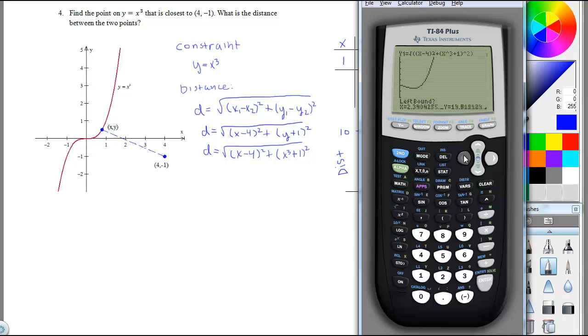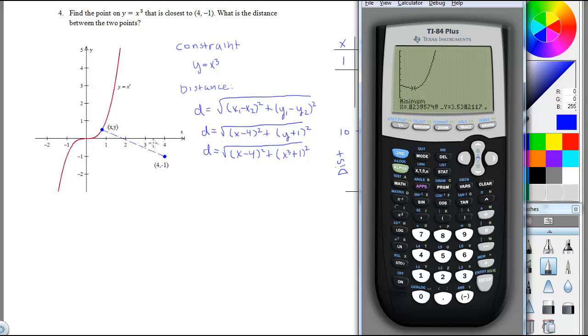So I'm going to move to the left of the minimum and press enter, and move to the right and press enter, and press enter one more time. So remember that these points are x, the point on y equals x cubed, and the y value here isn't really the y value, it's the distance.